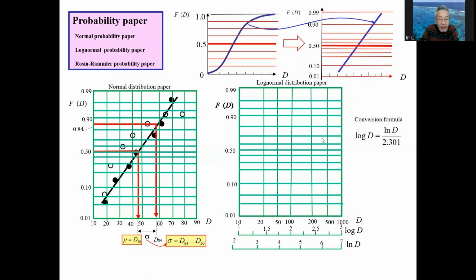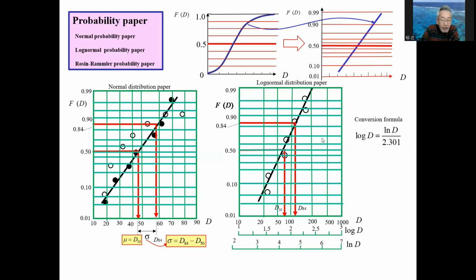The natural and common logarithm conversion formula is shown on the right of the log normal probability paper. The method of obtaining the mean size D50 and D84 from the log normal probability paper is the same as in the case of the normal distribution, that is, plot a cumulative amount and draw a straight line.